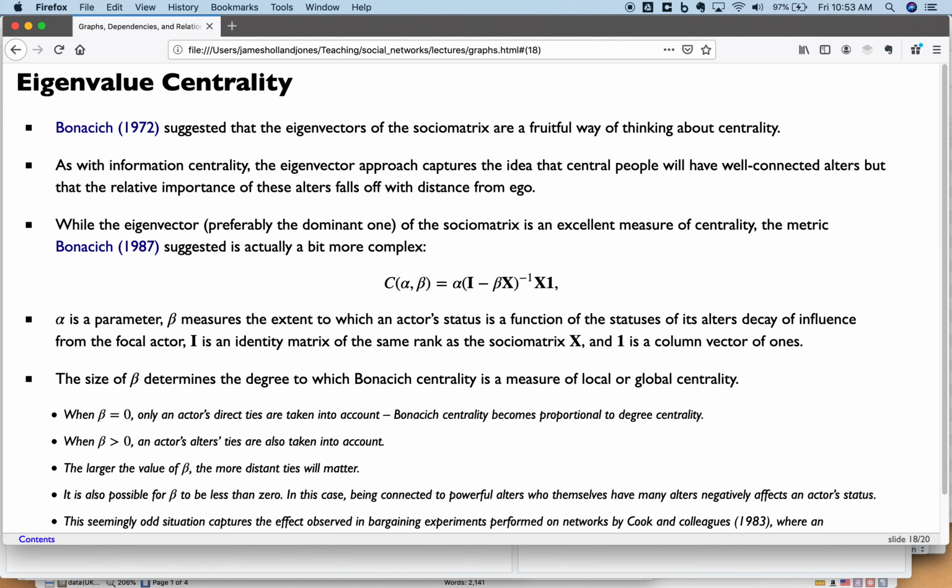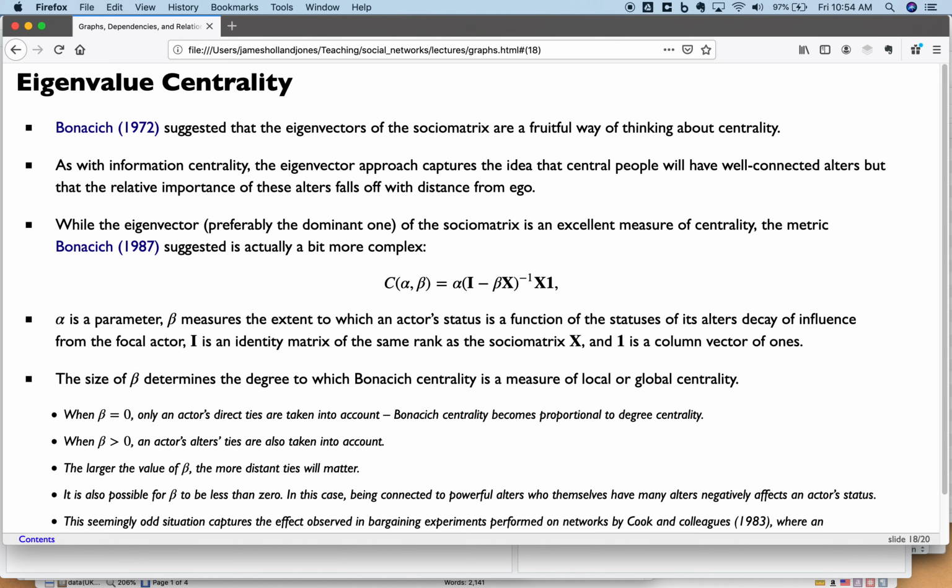While the eigenvector of a sociomatrix is an excellent measure of centrality, in 1987, Bonacich suggested a slightly more complex measure that is what most people use today when they talk about eigenvalue centrality.